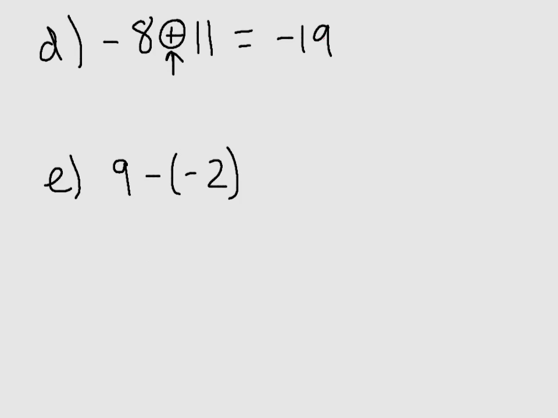Isn't it 11? No, it's 7. It's 11. How would it be 11? Because you have to add, because of the parentheses. You change the minus, yeah. So positive 11.